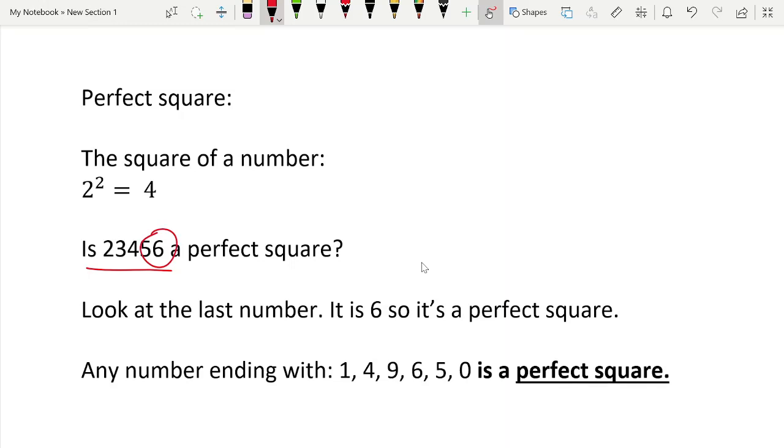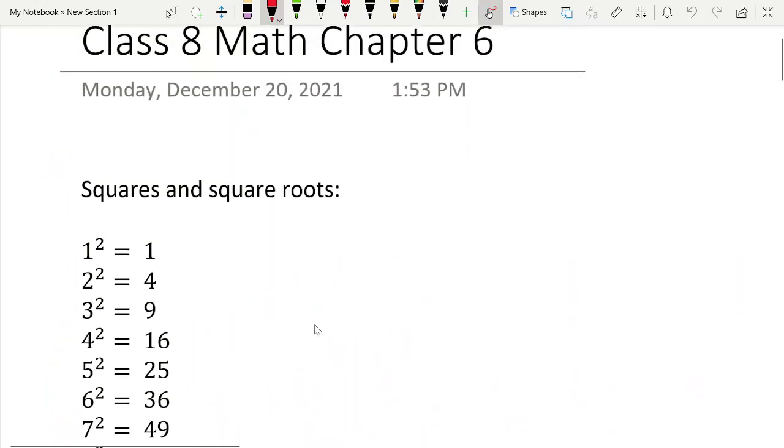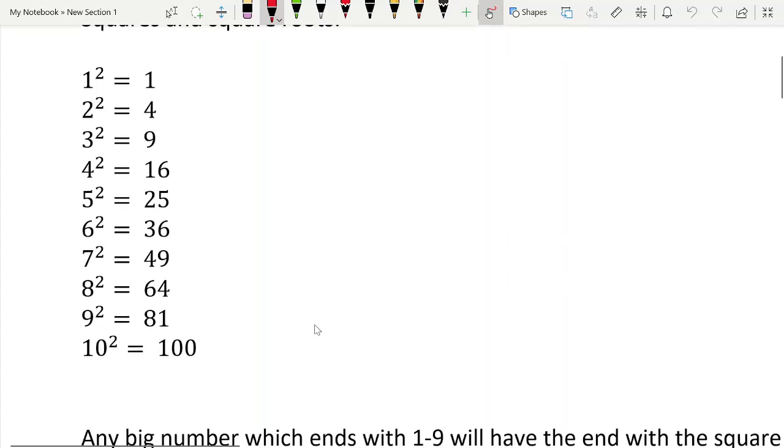Now how did we get that? Basically, you look at this table that we have. If any number ends with 6 and you want to figure out if it could be a perfect square or not, then if the number ends in 6, it could be a perfect square.